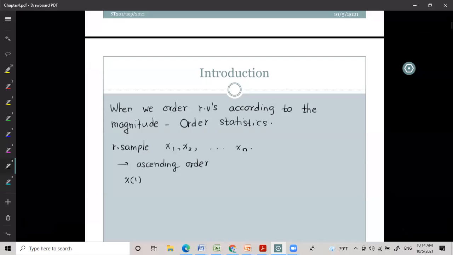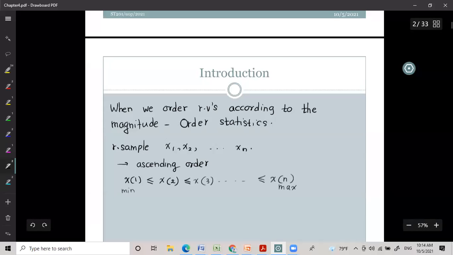X parentheses 1 means the smallest number, which is less than or equal to the next one, then the next highest one, and so on, up to the largest one. So x parentheses n is the maximum. This is the minimum, and here is the maximum.